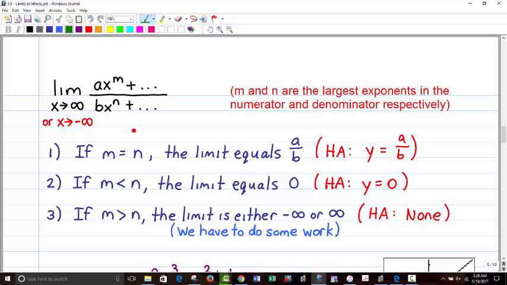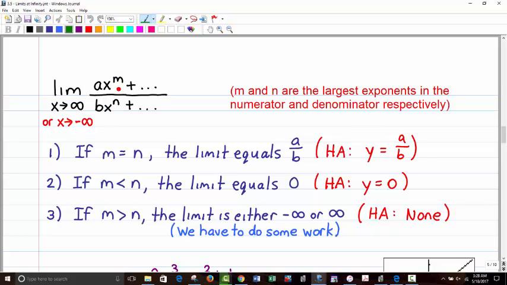That means all other terms are meaningless for infinity limits. They're completely meaningless. So if in your numerator you had an x cubed plus x squared plus x plus 1, we only care about the x cubed. The smaller terms will not matter as you go to infinity. The dominant one takes over. That's why I have this plus dot dot, meaning all smaller terms.